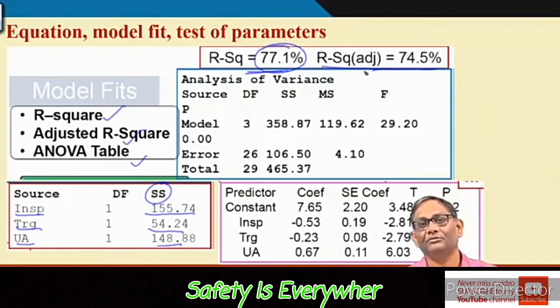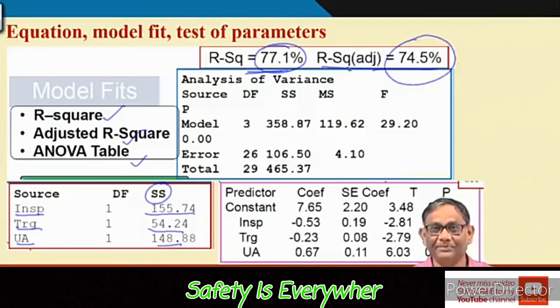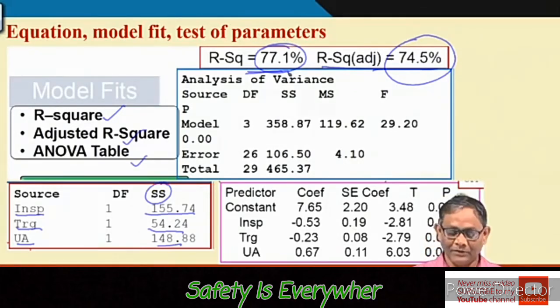Sample size means the number of observations considered for the model fitting. Adjusted R square is also 74.5%. Considering that this is accident data, it is a good figure. So, we can say the model is a good model because it is able to explain 77% of the variance of the dependent variable.